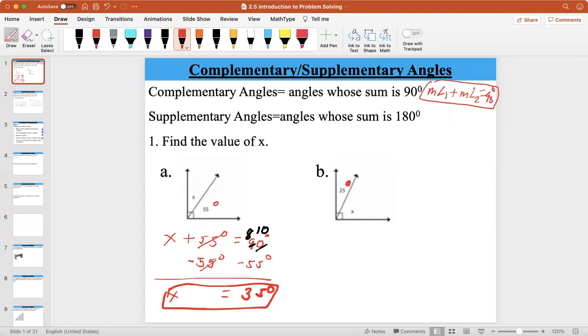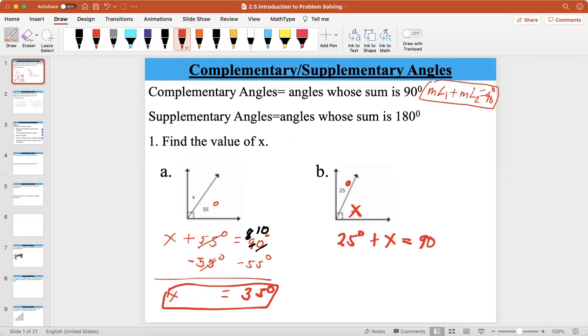That's very small, so that's 25 degrees. Using this equation, measure of angle 1 plus measure of angle 2 equals 90 degrees, our equation here will simply be 25 degrees plus your little x there. Let me make that bigger now. 25 degrees plus x equals 90 degrees.